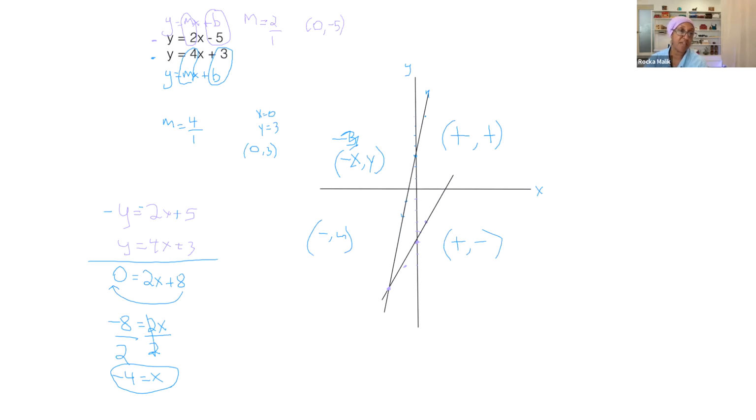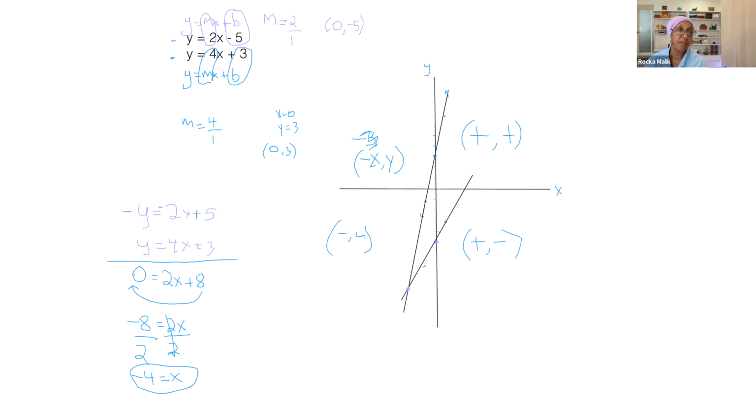So I have x equals negative 4. I'm going to plug that in for this one. So instead of y equals 4x plus 3, I'm going to plug in negative 4 for the value of x. So y equals 4 times negative 4 plus 3.